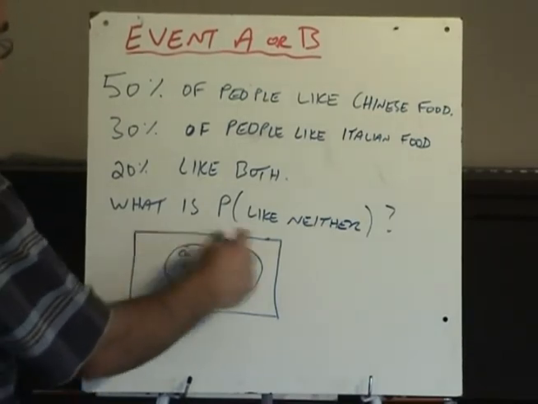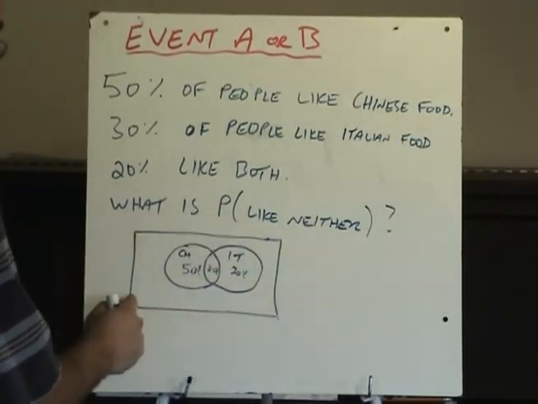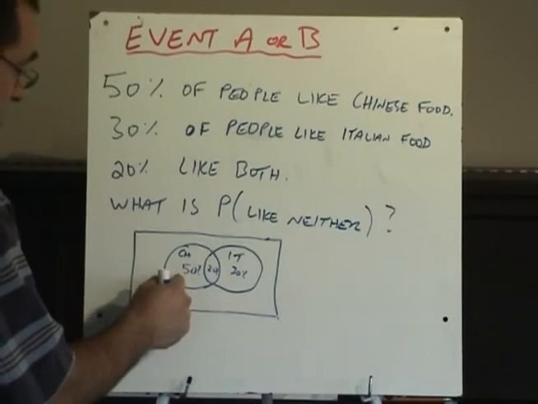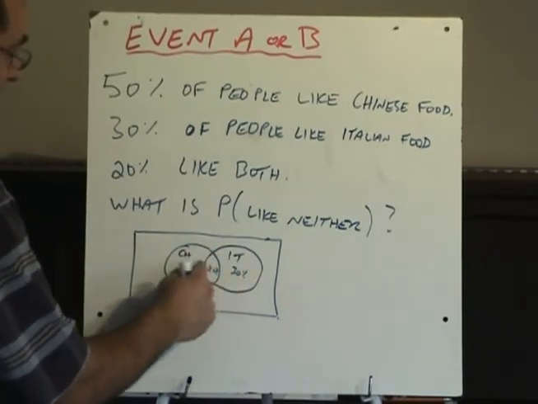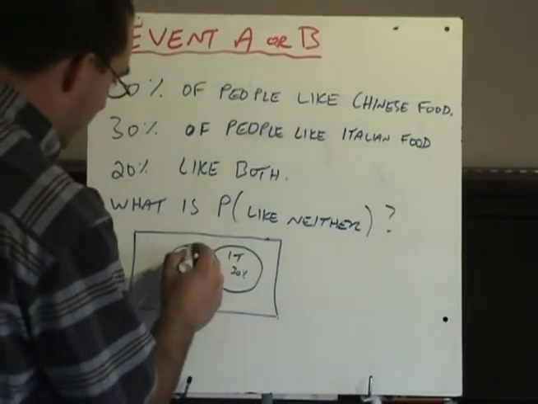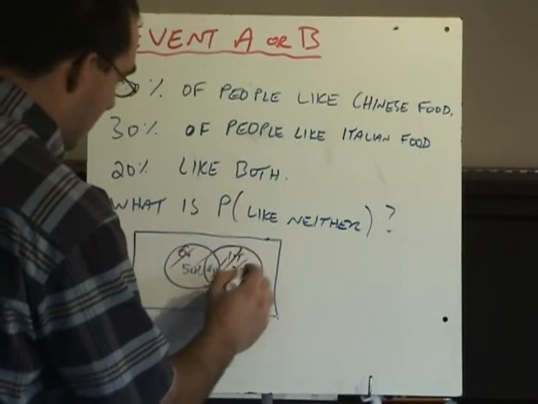Well, we know that if this box represents our entire sample, our entire population, then this has got to be 100% of the people. So what we need to do is determine what is the percentage of people who are in these circles. We want to find out what is all of that area.